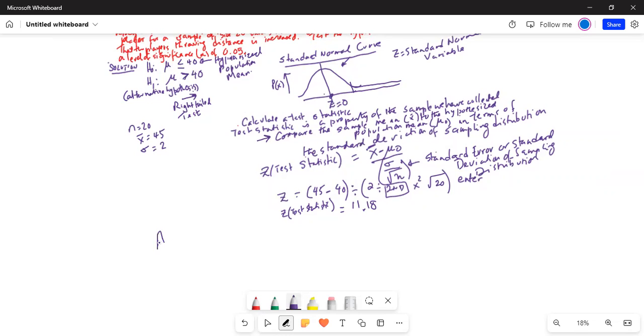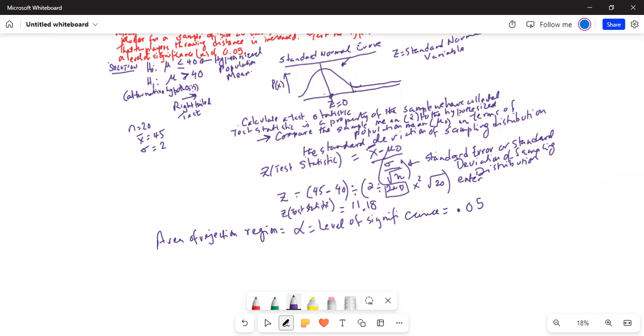Now, the area of the rejection region is equal to alpha, which is the level of significance, which is 0.05.